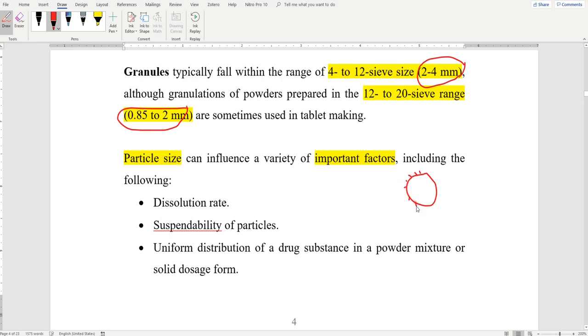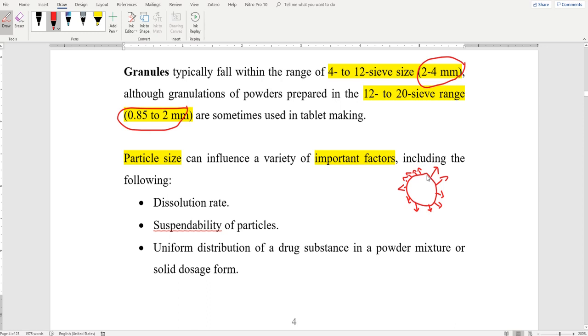The molecules from the surface of the particle will start to go into the liquid and dissolve. This is what is happening. So the surface is important here because it's through the surface that the dissolution process occurs.